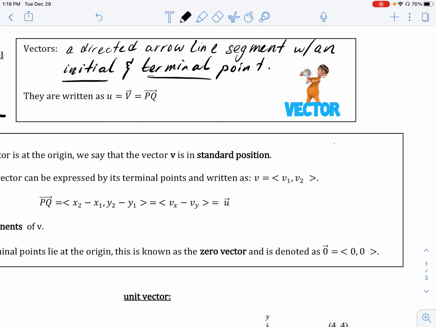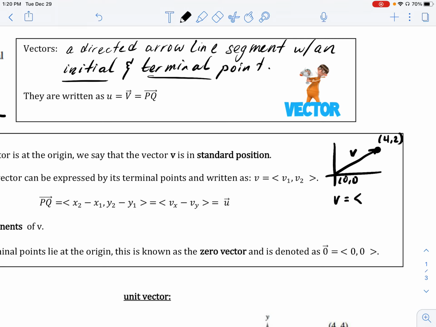So for example, again, if I were just to draw a vector somewhere here with its initial point here at (0, 0), and wherever this terminal point might be, let's just say, for example, it's (4, 2) here, we can say that this vector u, or vector, let's just call it v just to be consistent, we can describe it in terms of its terminal points.